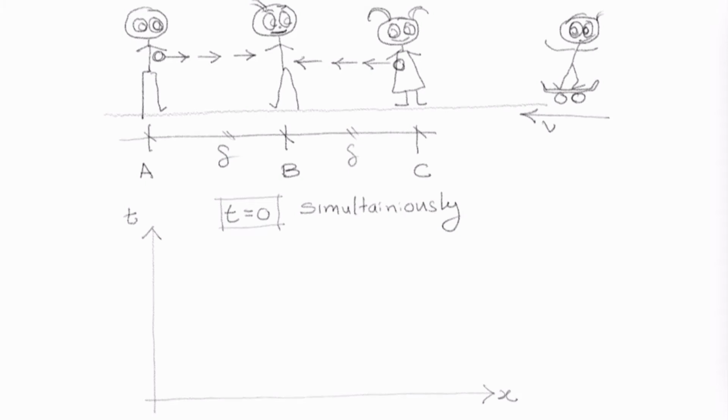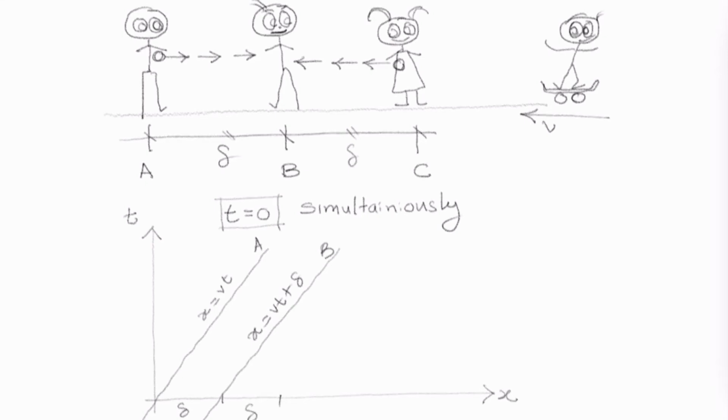This is the trajectory of A: x equals vt. This is the trajectory of you. You are standing delta distance from the origin, so your trajectory is x equals vt plus delta.